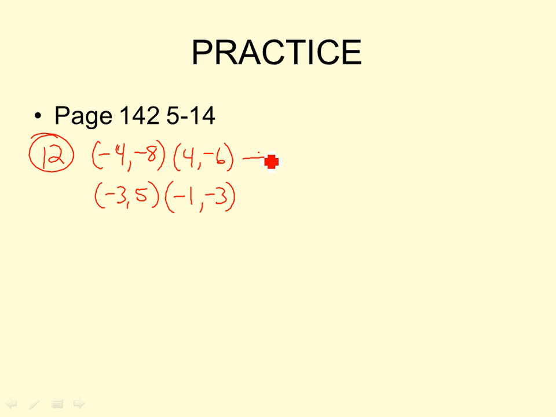I want to find the slope of this one. We'll do -8 minus, watch your signs here, minus a -6, that's our y coordinates. And then we do -4 minus 4. On top, change that to plus, it leaves you with -2. On bottom, you have -4 minus 4, which is -8. Negatives are going to cancel each other out, and you can reduce that down to 1/4. So the slope of that line is 1/4.